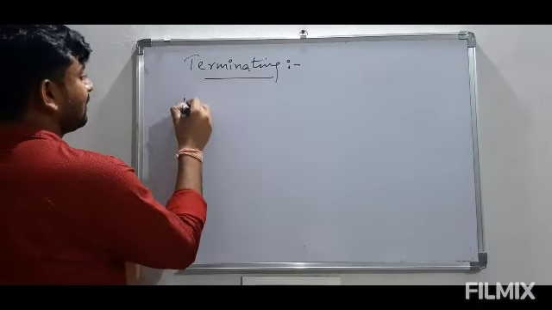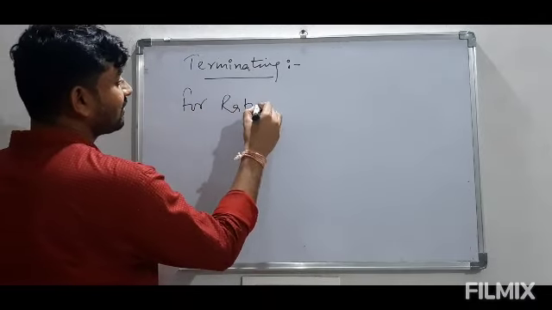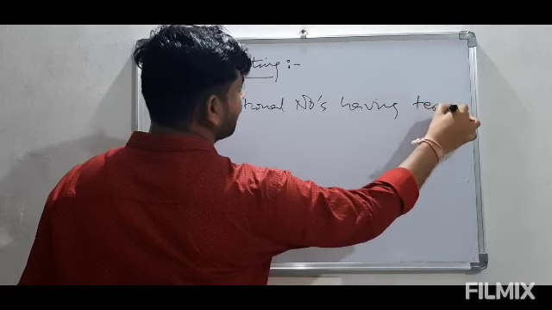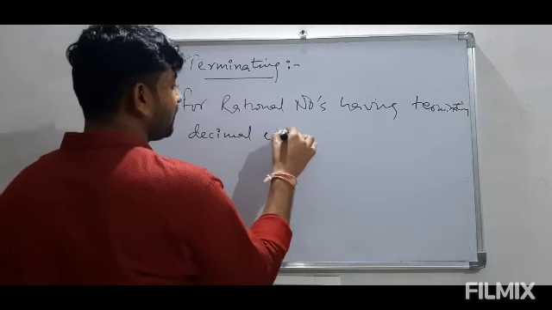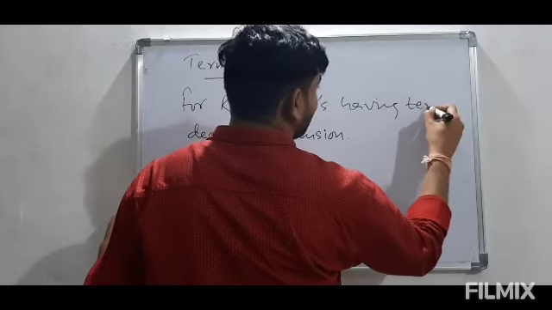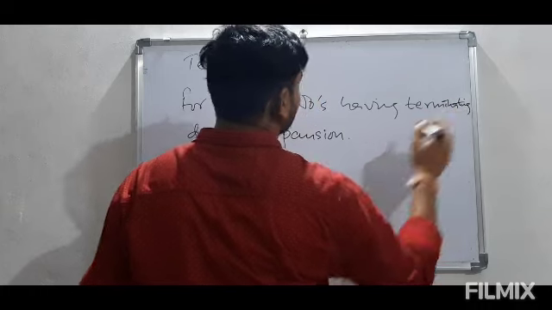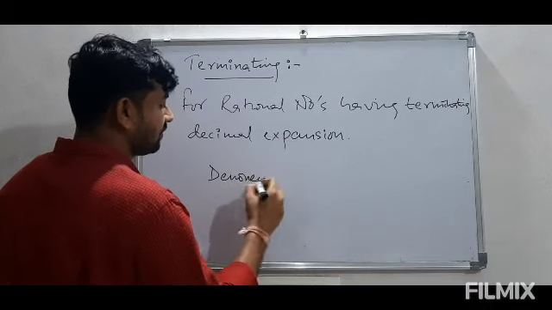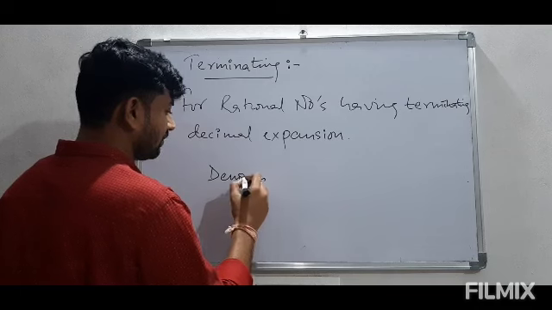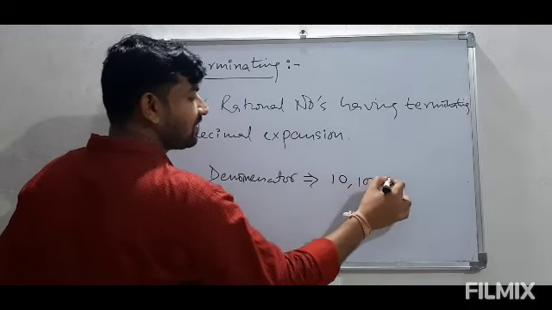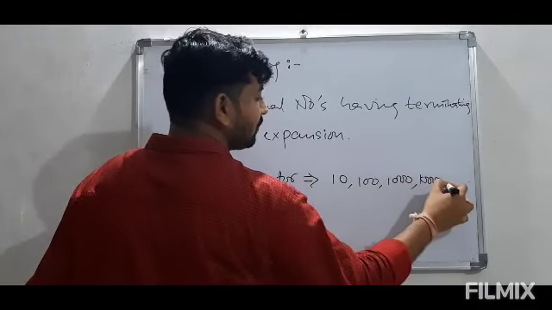Like for rational numbers having terminating decimal expansion, there will be a uniqueness in it, that is the denominator will be having numbers like 10, 100, 1000, 10,000 and so on.